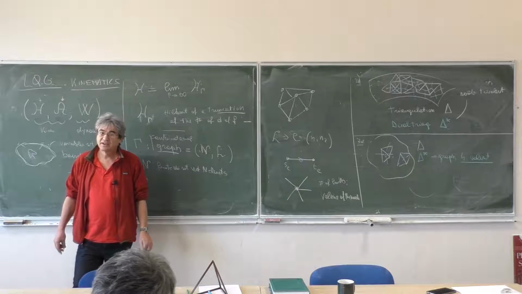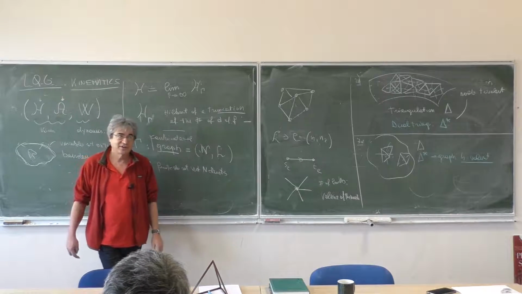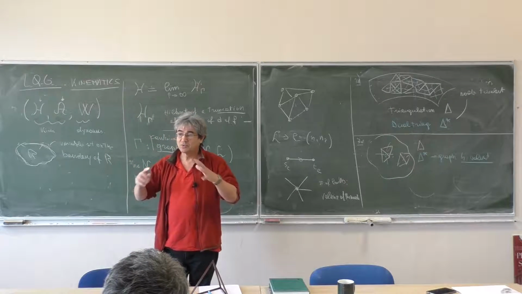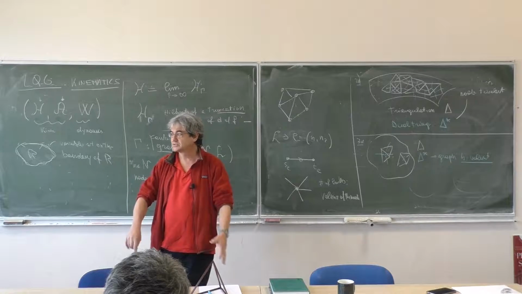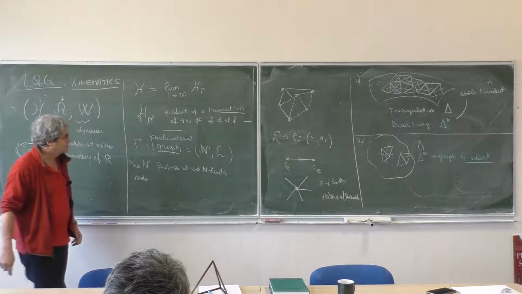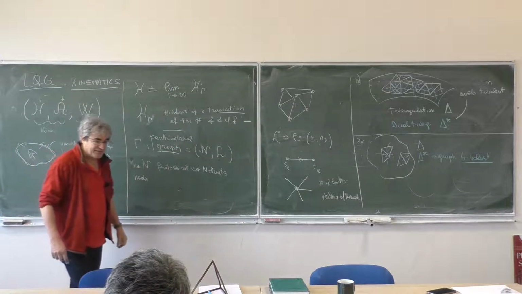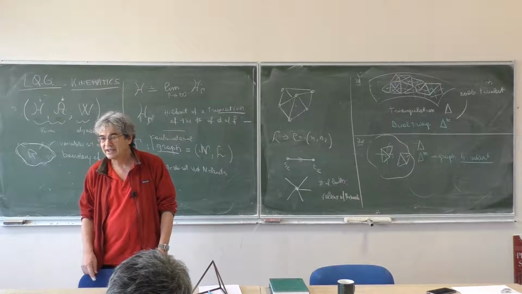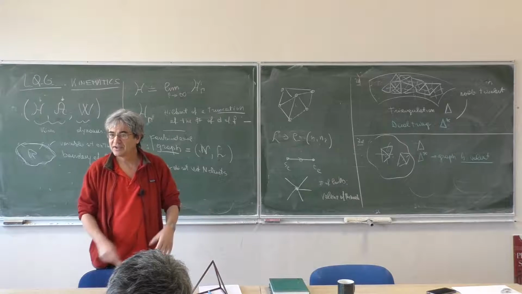In fact, that's already one option you can have when you start defining loop quantum gravity. You can say, well, I want to work with all possible graphs, or I want to work only with graphs which are dual to triangulations. Does this give different theories? Nobody knows so far.